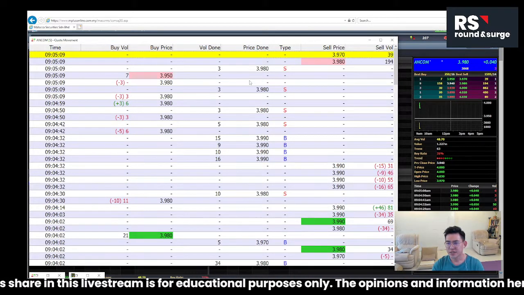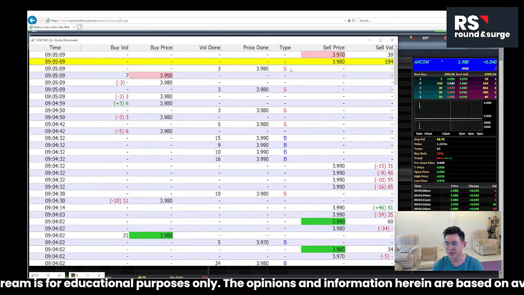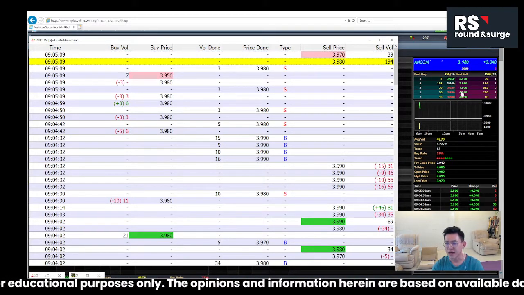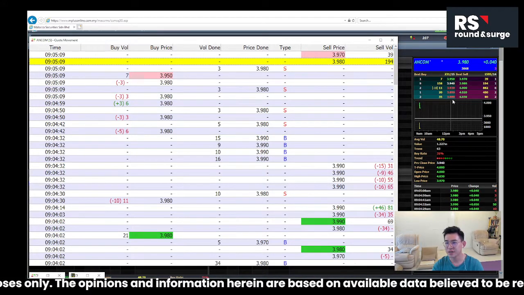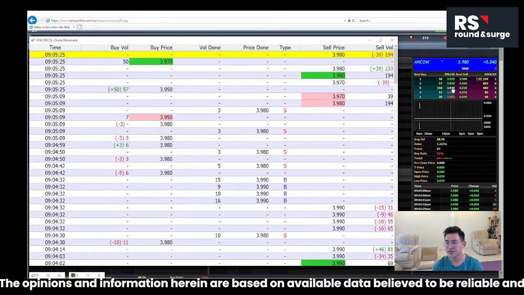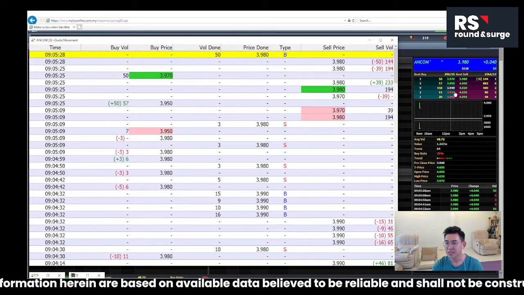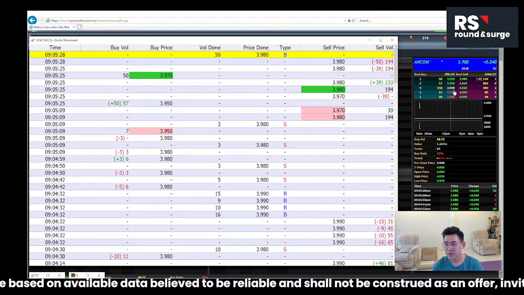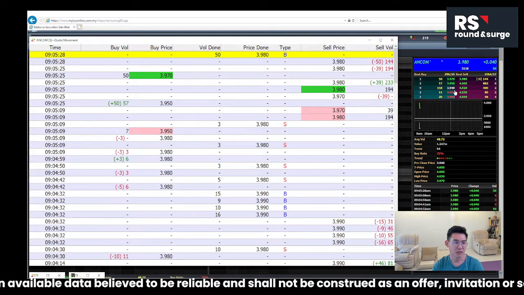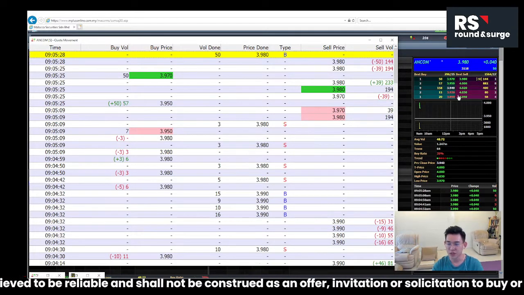Q3 at 397 at sell price. It's not liquid, this stock, because the market making is not nice. There's always a gap like 388, 389, and then 393. Okay, there's a gap of 4 cents. So for day trading, we'll try to avoid this kind of stock because it's not liquid.